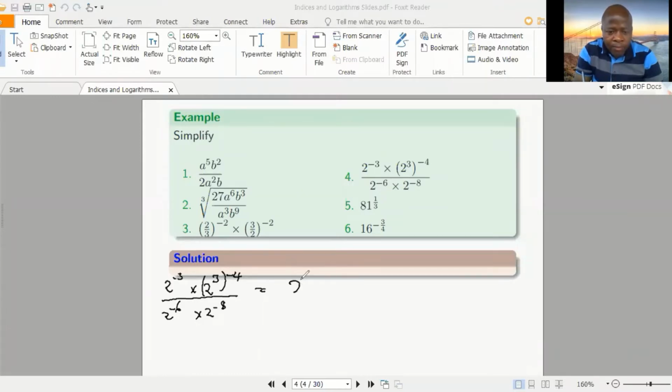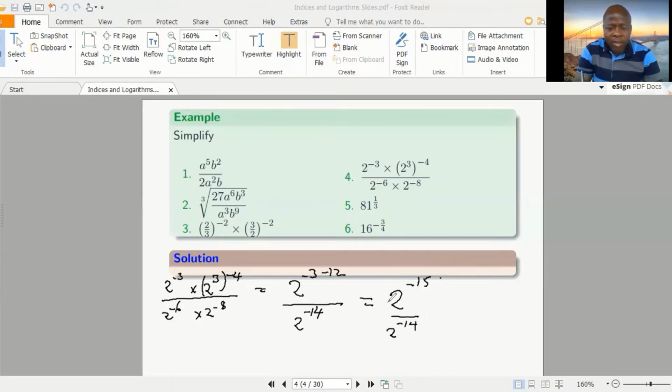So this is 2 raised to negative 3, negative 12 out of 2 raised to negative 4, negative 8, which is negative 14. So I just added these powers, and so the numerator is 2 raised to negative 15. And the denominator is 2 raised to negative 14.